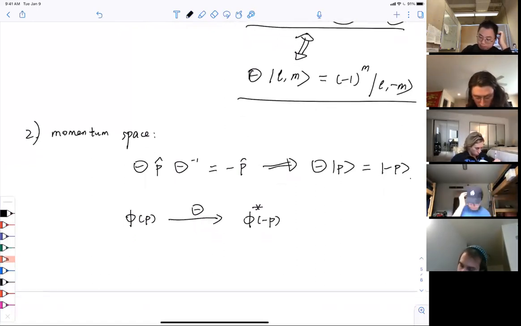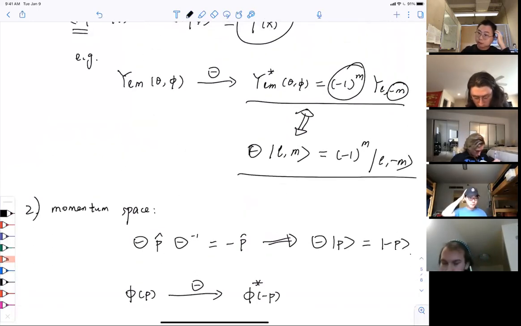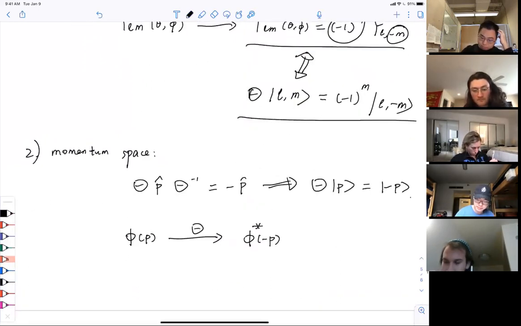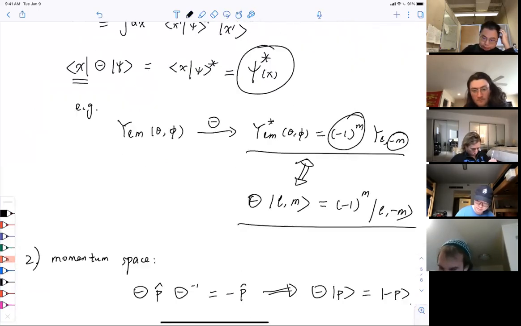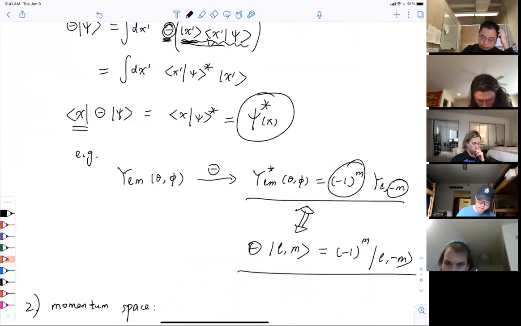Any question about this part? Okay, so this is how the wave function transforms under the time reversal for the spin 0 case.